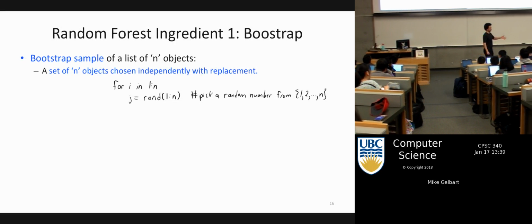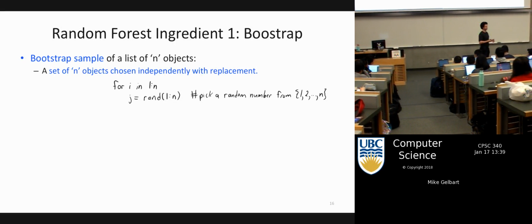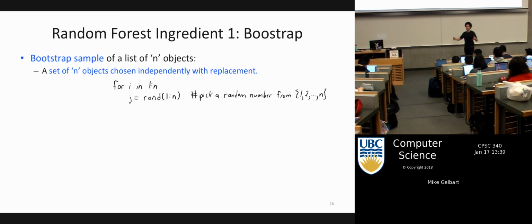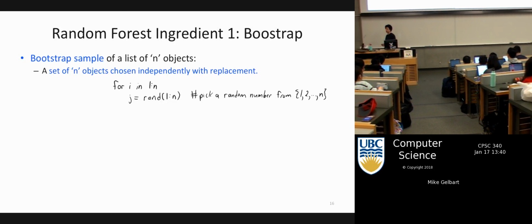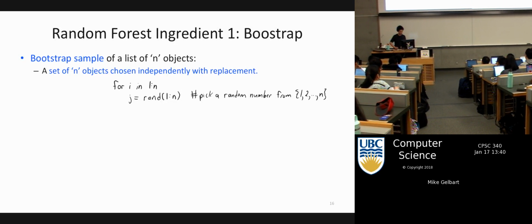So you may pick example 1 5 times and example 2 3 times, and you may omit example 4 and example 5, etc. But every time you create one of these bootstrap samples, it'll be a different data set, and each tree will be trained on one of those samples. And that'll be part of the variability between trees.